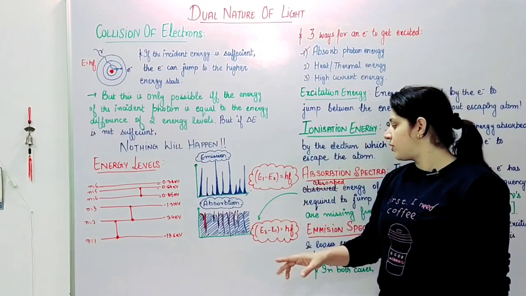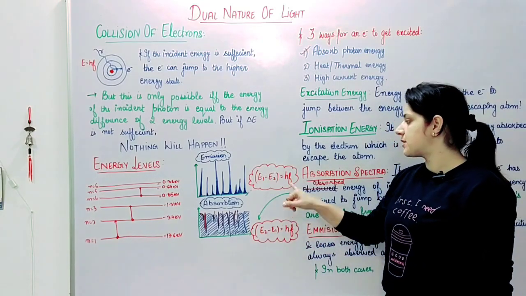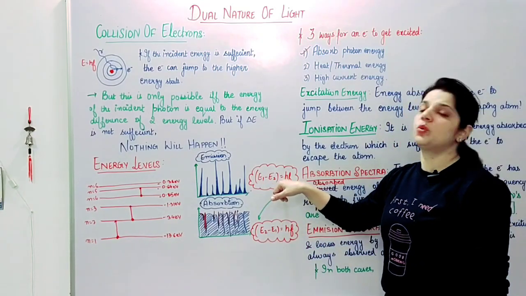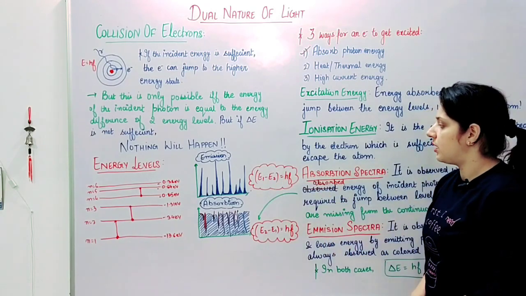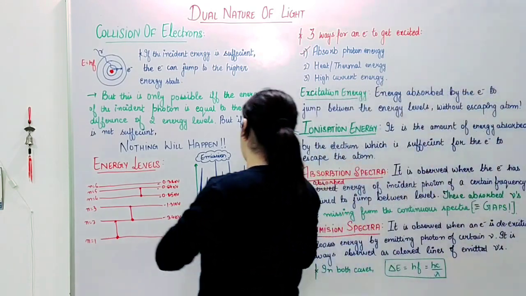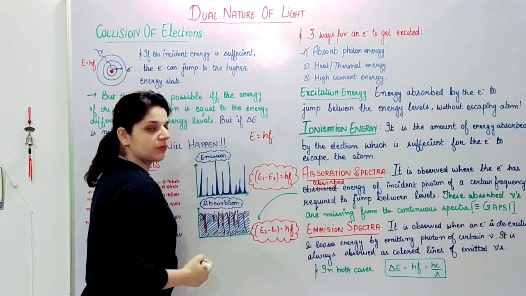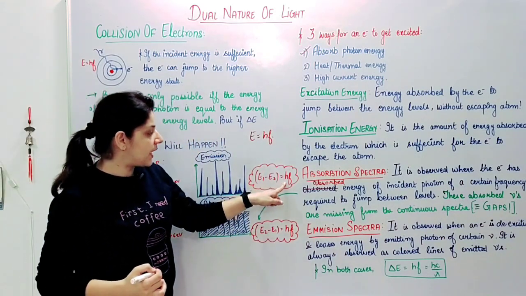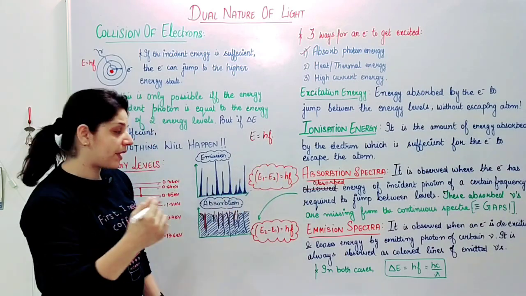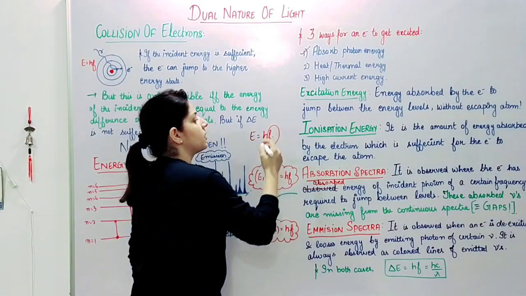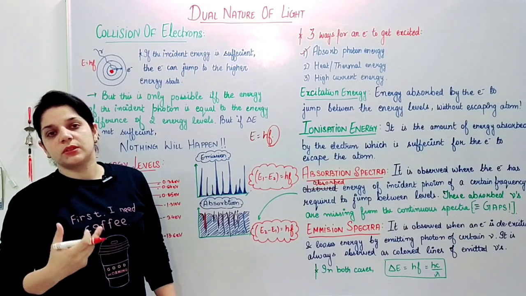Now, the formula for this absorption spectrum is E1 minus E2 is equal to hf. We all know that energy of a wave is given by E is equal to hf, right? So when I'm saying hf, h is a constant, so f, which frequency will be absorbed?